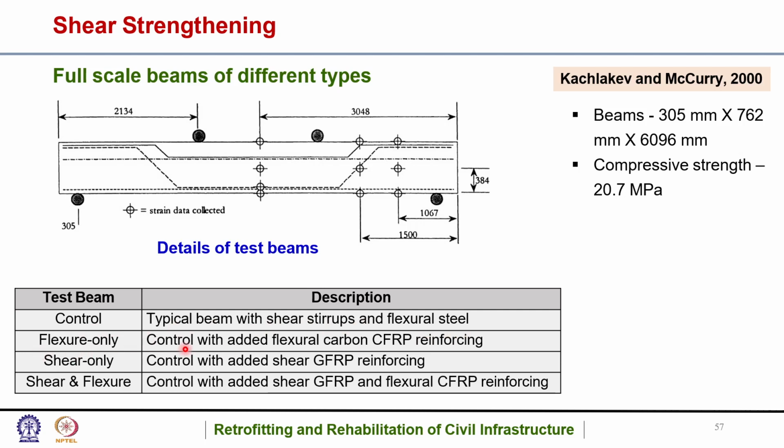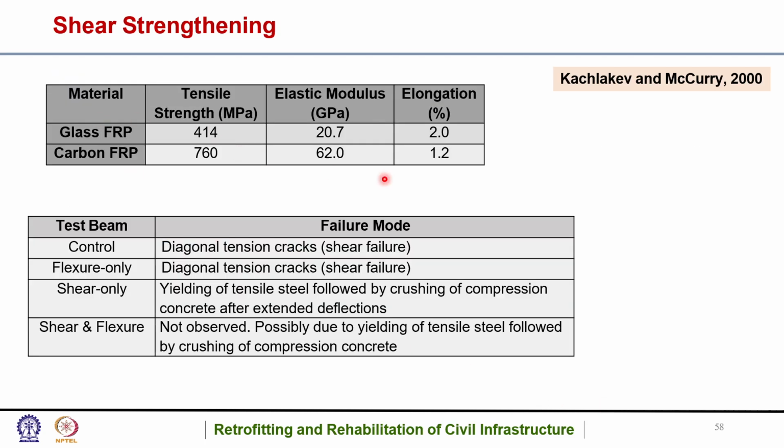Flexural only was control with added flexural CFRP reinforcing. Shear only was control with added shear GFRP reinforcing, and shear and flexure was control with added shear GFRP and flexural CFRP reinforcing.